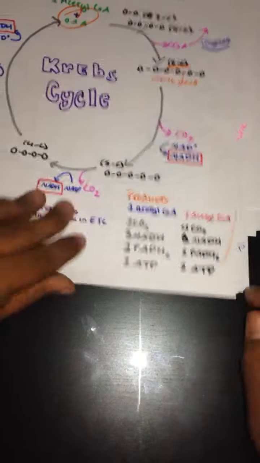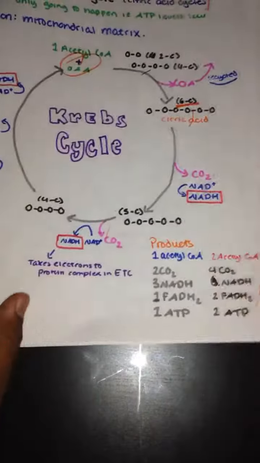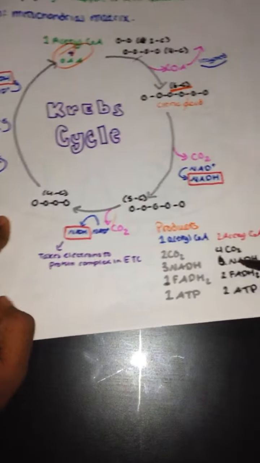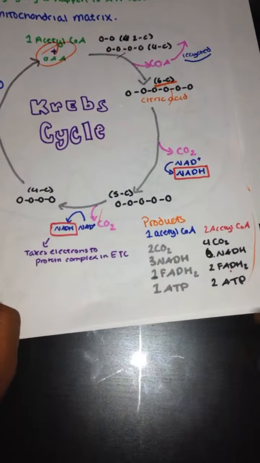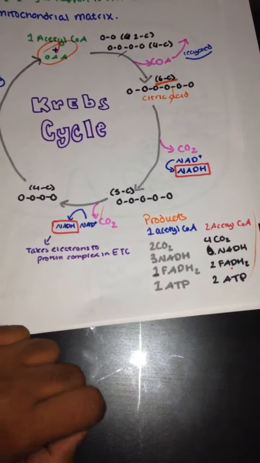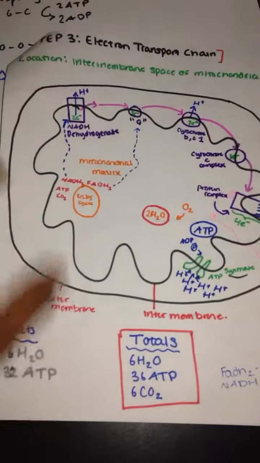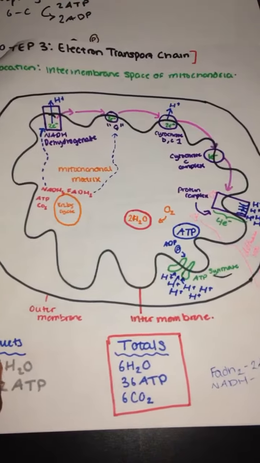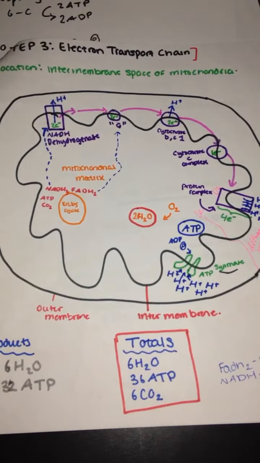Okay, so then what's going to happen is these products are going to be good, but these NADH and this FADH2 are going to go into the electron transport chain, which is used to produce multiple ATP. So what happens is, and I forgot to mention, the Krebs cycle occurs in the mitochondrial matrix.